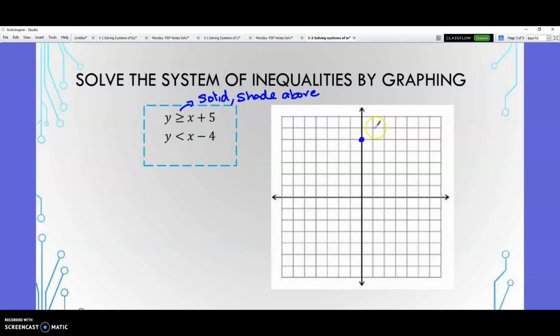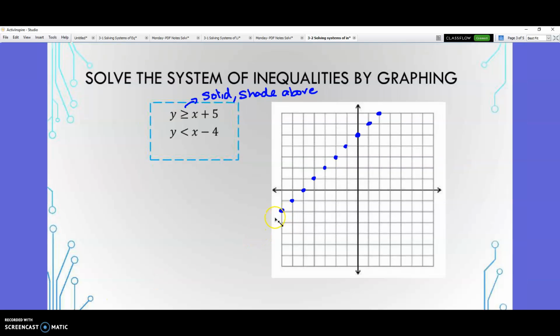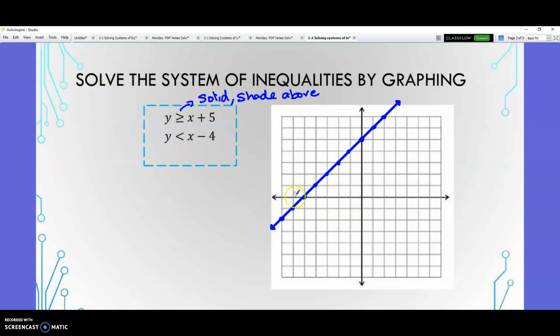Slope is 1, up 1 over 1. Solid line. And greater than or equal to, I would shade above here.